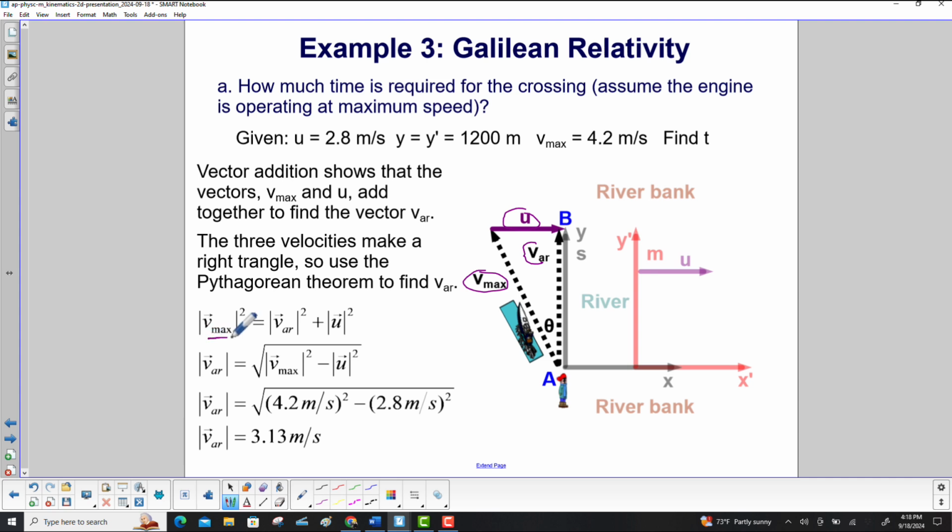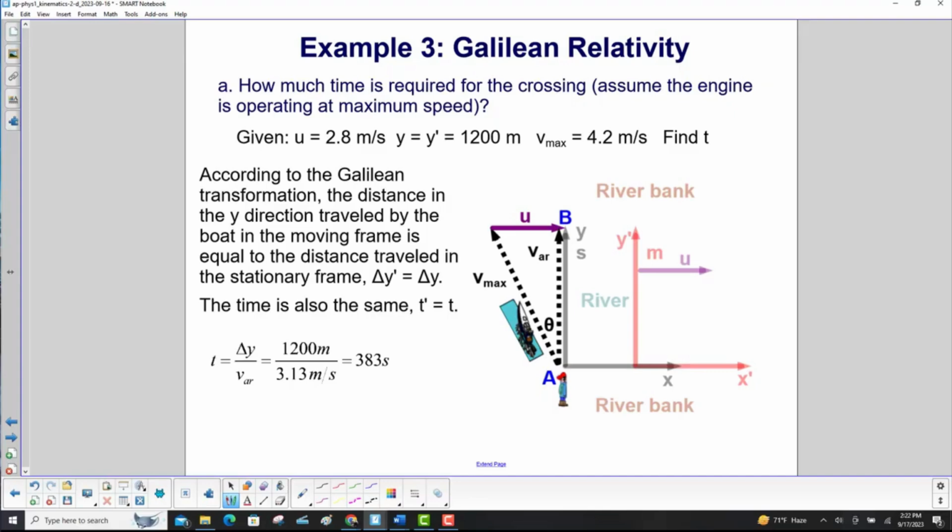So we have the absolute value of Vmax squared equals the absolute value of V sub AR squared plus the absolute value of u squared. We rearrange that to solve for V sub AR, and we take the square root of both sides. We substitute in our values. Here's Vmax, here's u, which is the speed of the water, and we find that V sub AR is 3.13 meters per second. That's this velocity right here, V sub AR.